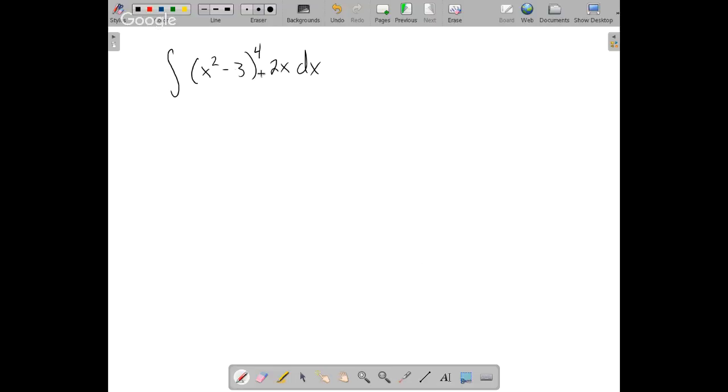So that's a pretty complicated function there. But I see an x squared here, and a 2x outside, so I'm going to do a u substitution on this to try and simplify it. I'm going to say, all right, let's let u equal the whole x squared minus 3.